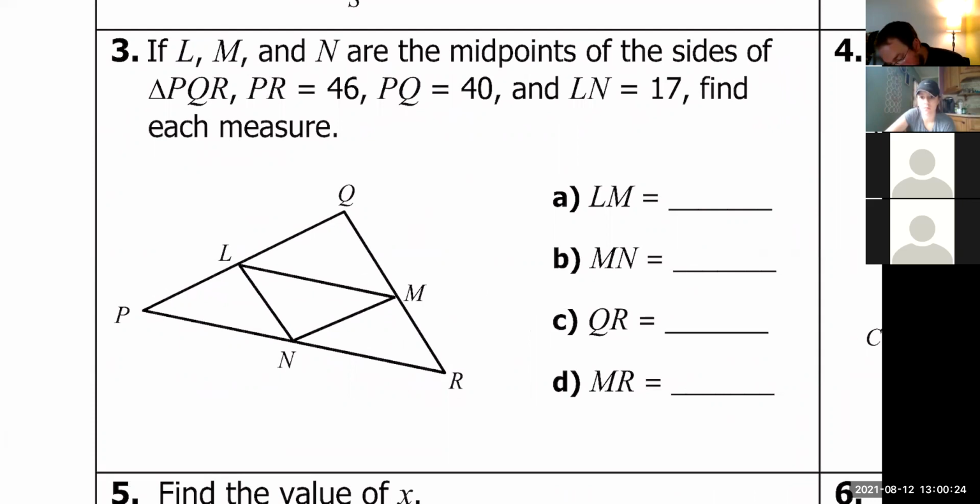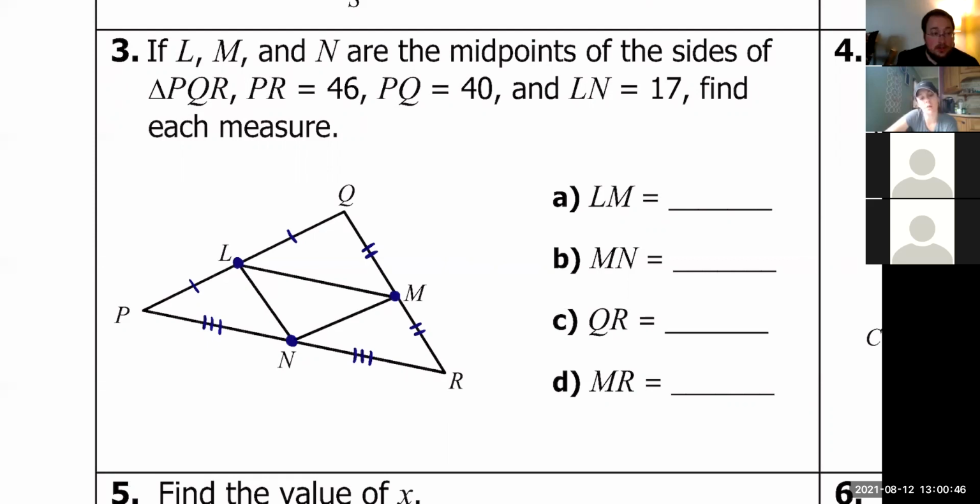But this one here, it says if L, M, and N are midpoints. So it didn't give us the hash marks, but it did tell us, matter of fact, that these points here are midpoints. If you need to see those hash marks, you can work your way around the side there and add them in. That's up to you.